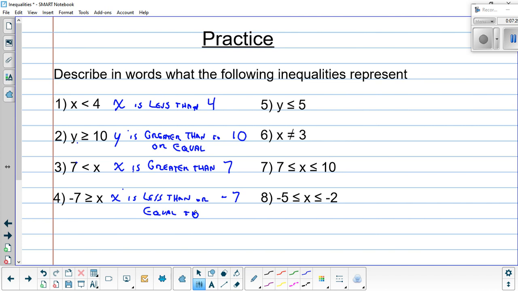So getting off to the right side, here we keep in mind when your variable changes, that changes as well. So don't be fooled and put the wrong letter and start talking about x's when there's no x's in our question. So y is less than or equal to 5.